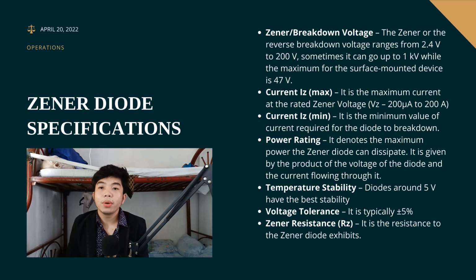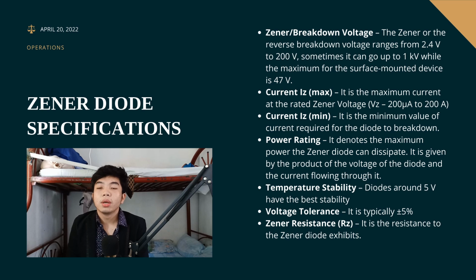Sa power rating naman, ito yung maximum power ng Zener diode na kaya niyang i-dissipate. Given ito sa product ng voltage ng diode at ng current na dumadaloy dito. Sa temperature stability naman, ang best fit sa Zener diode natin ay 5 volts para makuha natin yung best stability.